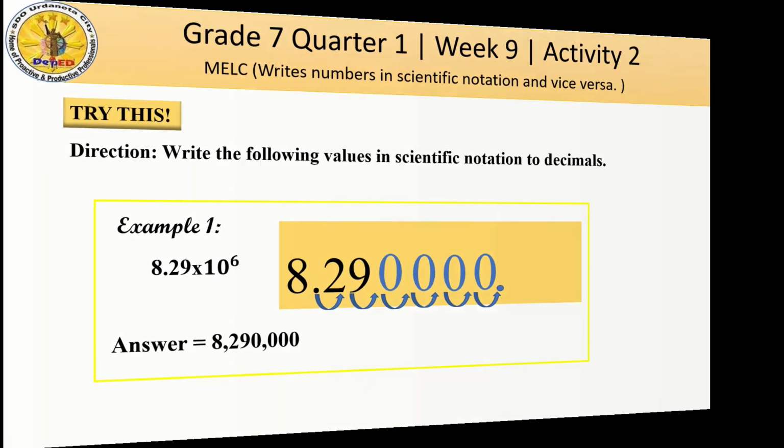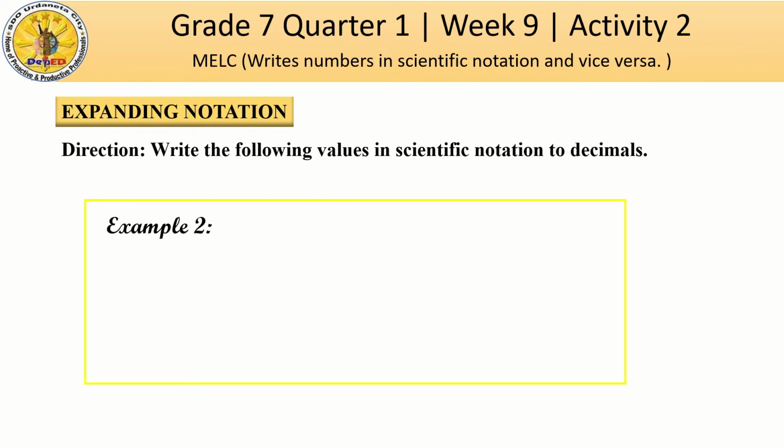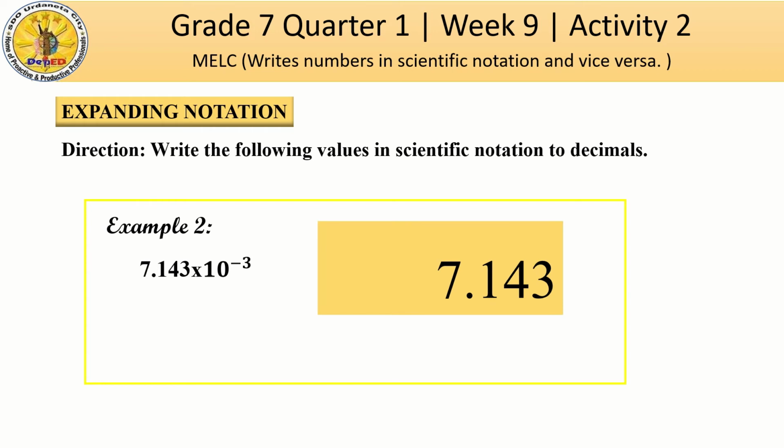Let's have another example. Example number 2. 7.143 times 10 raised to negative 3. Ayan, so the first step that you're going to do is write first 7.143. And then, since negative siya, ang movement natin ay to the left.